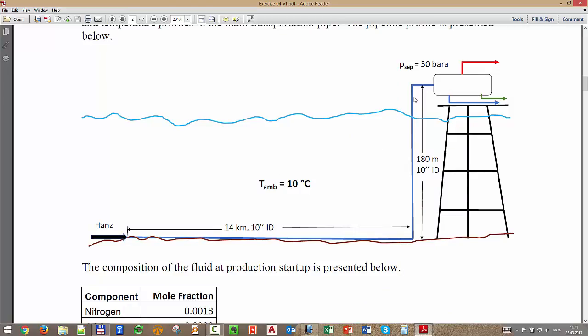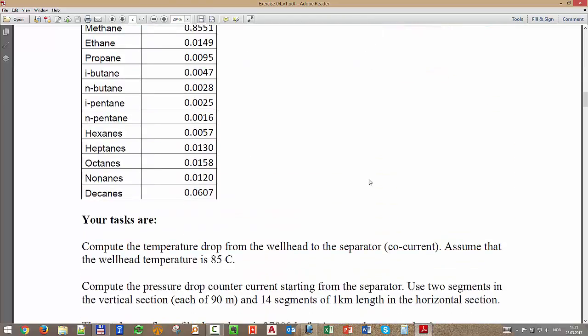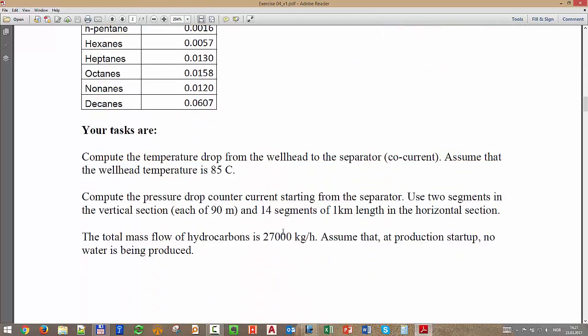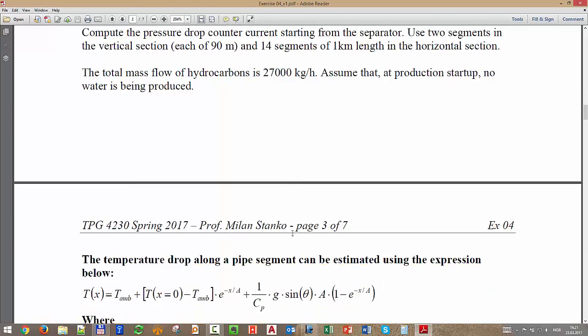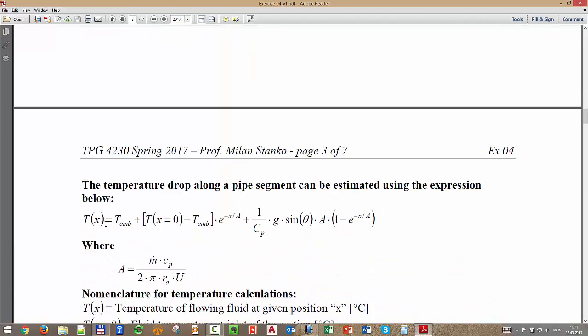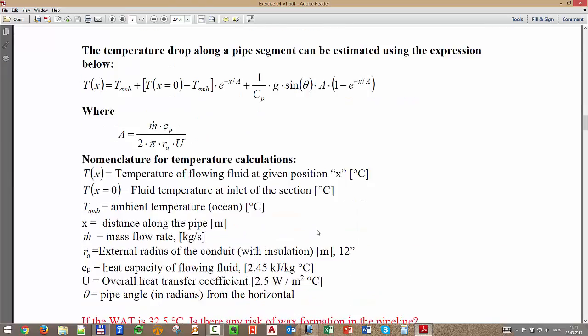For that I did an example in class with a well, and you will just have to use the same procedure for a pipe. I'm giving the composition, the mass flow rate, just oil and gas, and I'm giving an expression for temperature that I told you last class I will try to derive partly here today, so you see where it comes from.